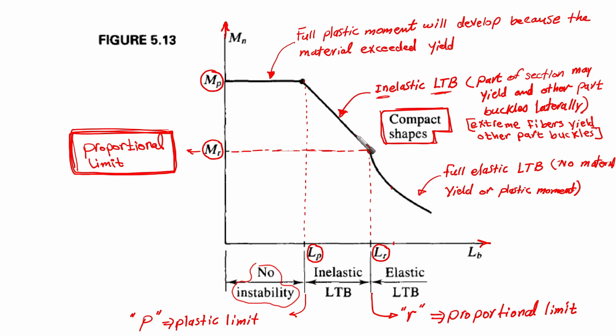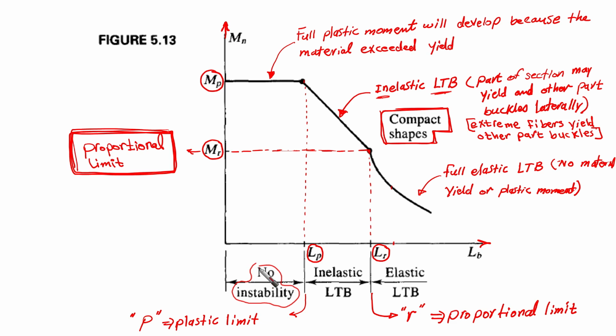It is something like a transition zone, as you can see here. Extreme fibers yield, other parts buckle. And here Mp, whereas in the no instability zone, we are not concerned with any kind of instability issues.